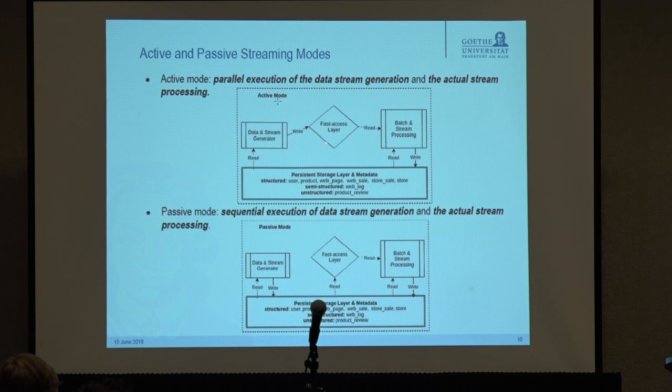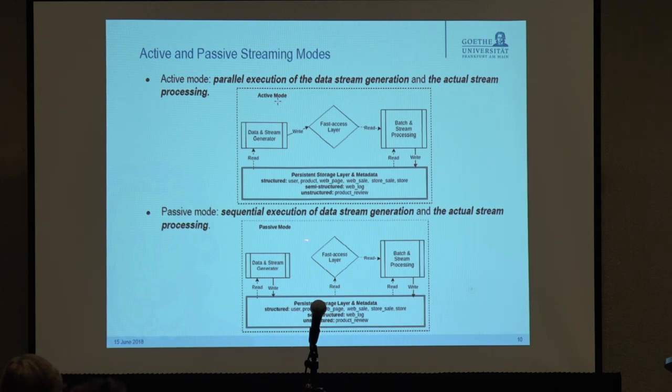To explain very quickly, the main difference is that in active mode we have parallel execution, which means that the stream generator and the actual stream processing happen at the same time. So we generate the stream, push it to the fast access layer, and then the stream processing component takes the data from there, processes it, and writes the result to the persistent storage layer.